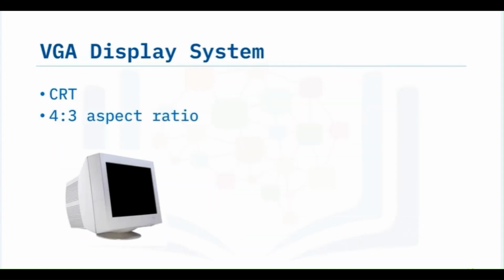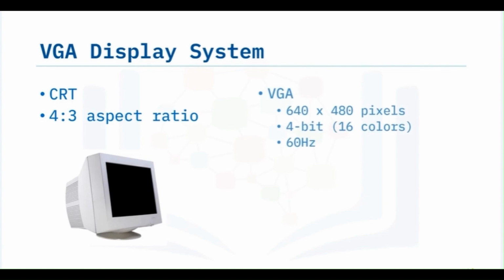Initial displays used cathode ray tubes, or CRTs, with a 4:3 screen width-to-height aspect ratio. These displays supported video graphic array, or VGA standards. The earliest VGA standard supported 640 by 480 pixels with a 4-bit 16-color display at 60 Hz.